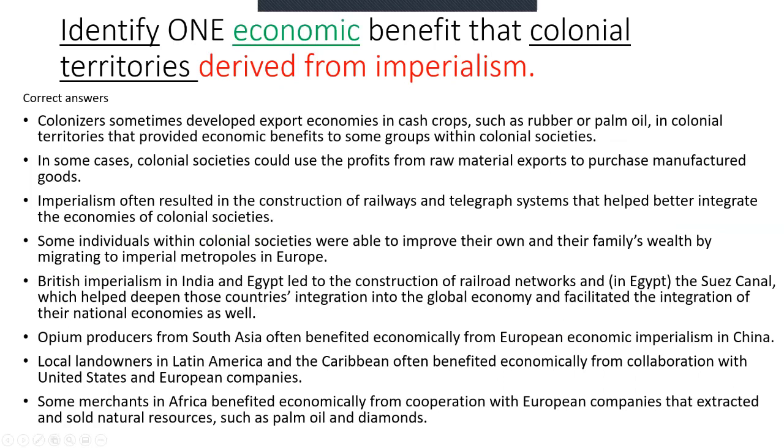So here are some correct answers from the College Board, right? I don't love all of these, but what I do want to point out to you is if you look at them, you can see a couple of characteristics. Number one, in most of these, I can see a vocabulary word, right? These are not broad generalities, but there is something specific here.